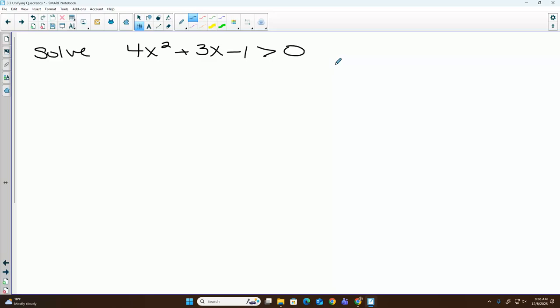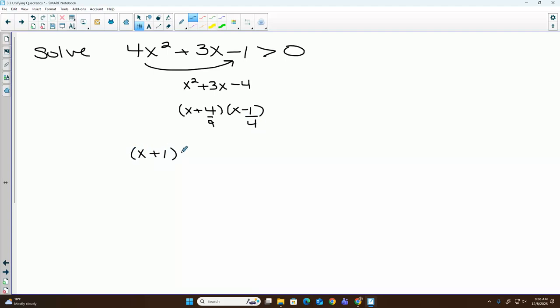Okay, so our strategy on the inequalities was first pretend it was an equation. So if this were an equation, how would we factor that? Okay, multiply to -4 and add to 3 would be positive 4, negative 1. Add 4 back.